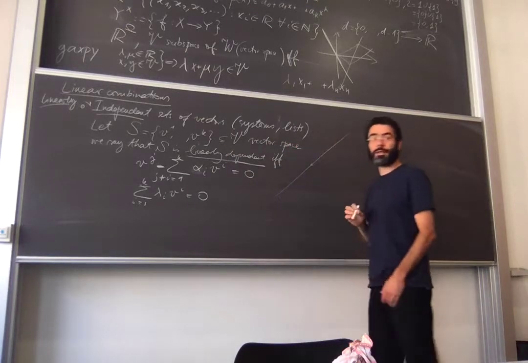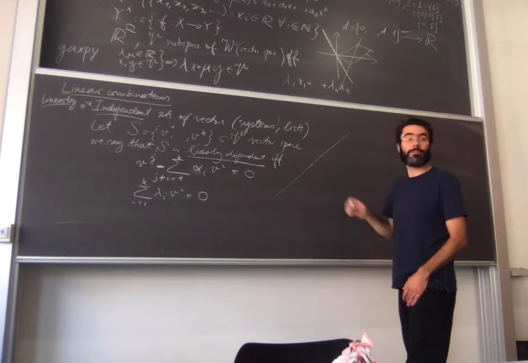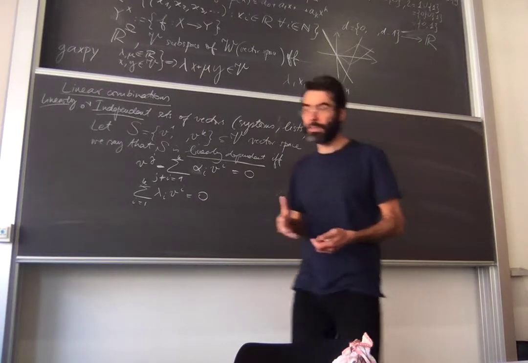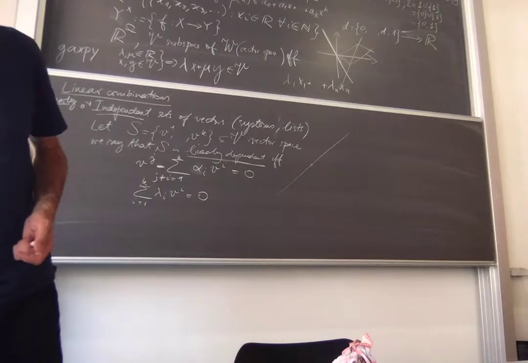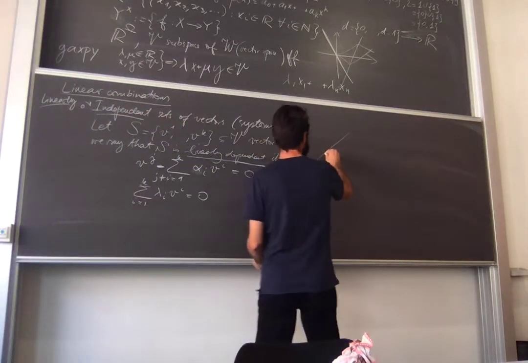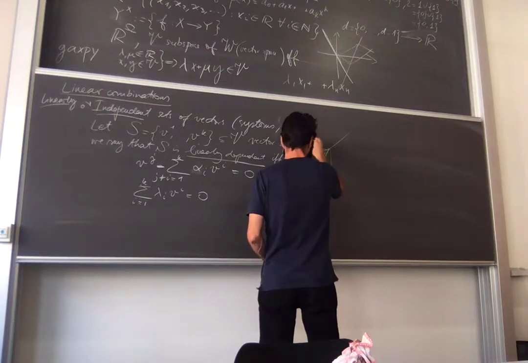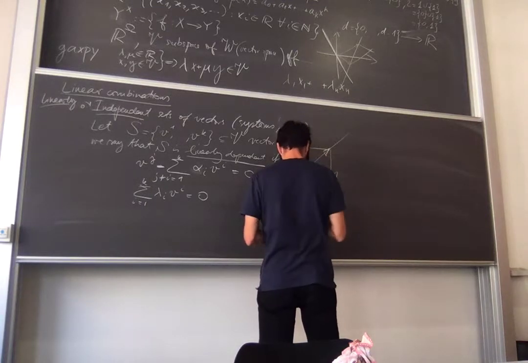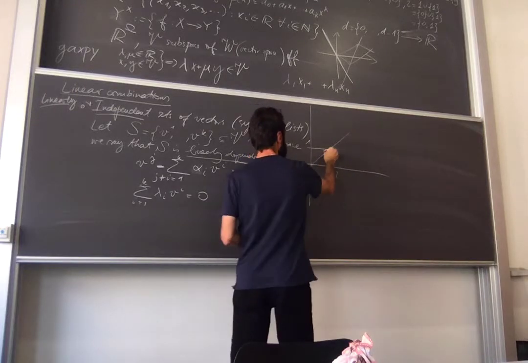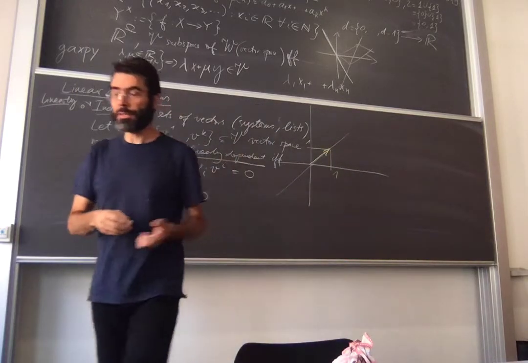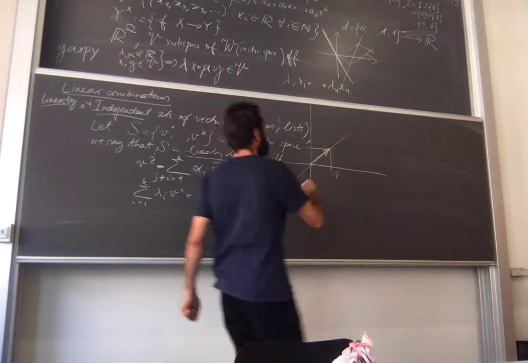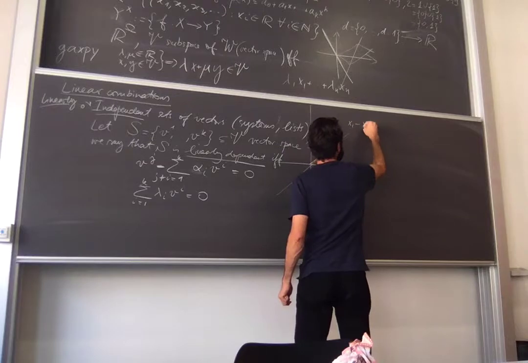Let's take two vectors which are on the same line. This is what it means to be linearly dependent geometrically. It means that they are in the same subspace. For example, let's take 1, 1. And let's take another vector, pick another vector on this line. This is the line x equals y, so this line is x1 minus x2 equals 0.